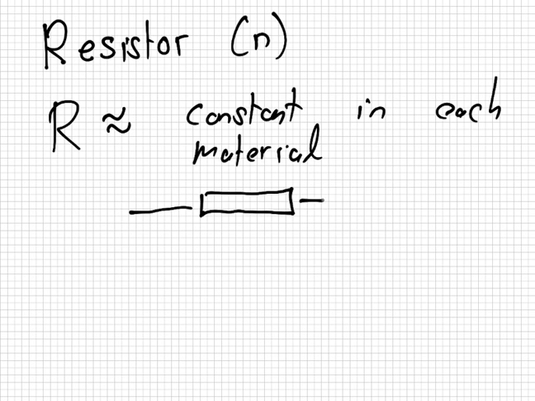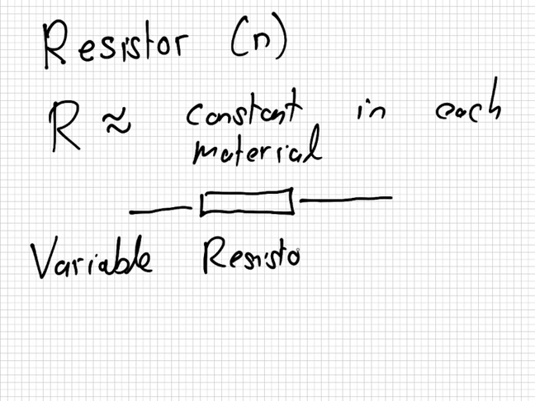It's like this. But sometimes we can change the resistance, make it bigger or smaller. And that's called a variable resistor. Or there's another name for it as well. Do you know? Rheostat, yeah.